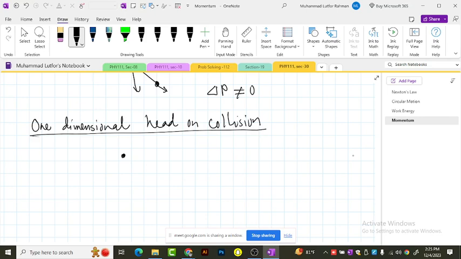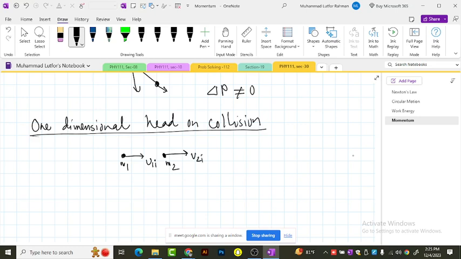Let's talk about this. Let's say this is my M1, which is moving at V1I, and M2 with V2I.